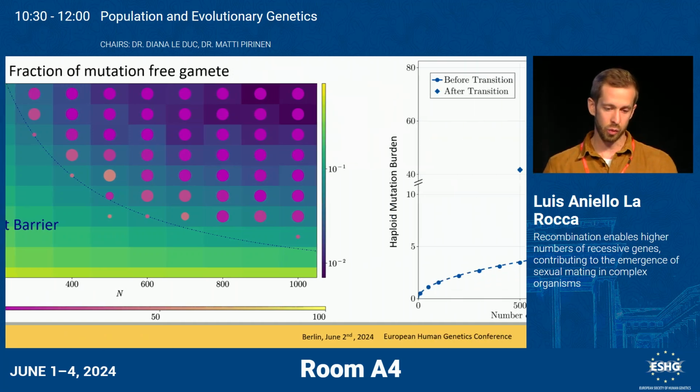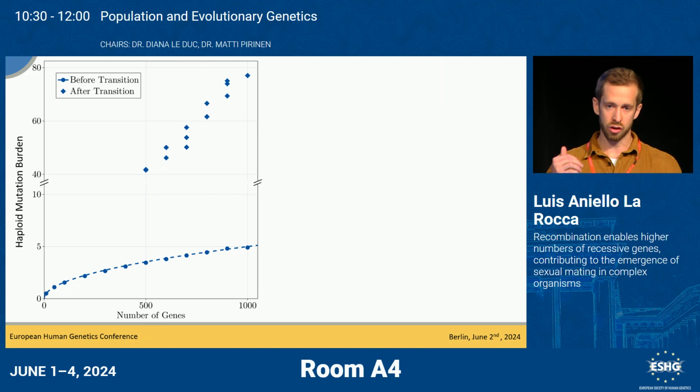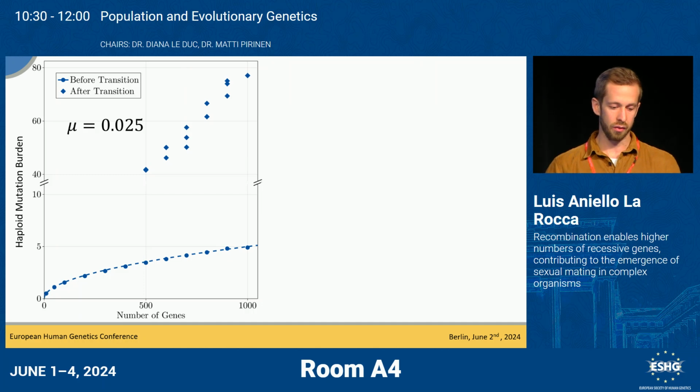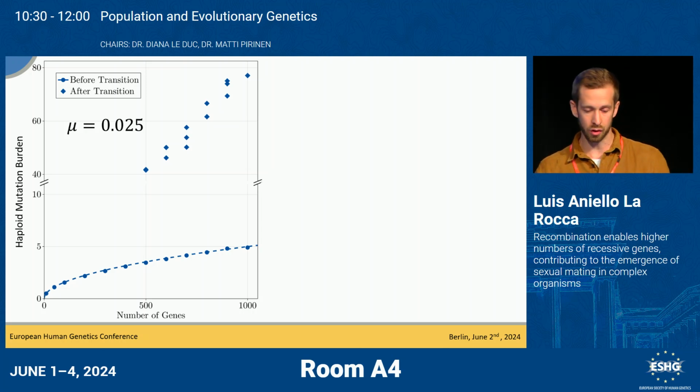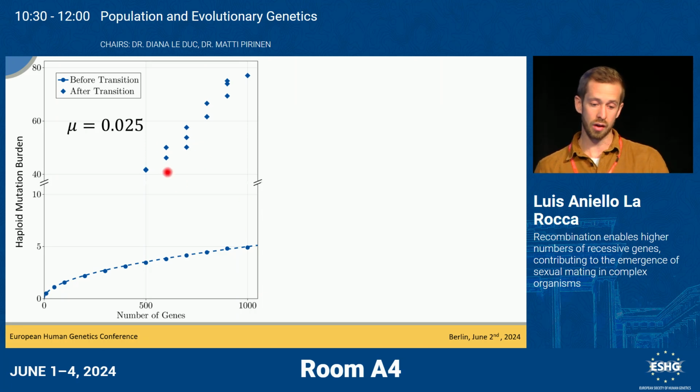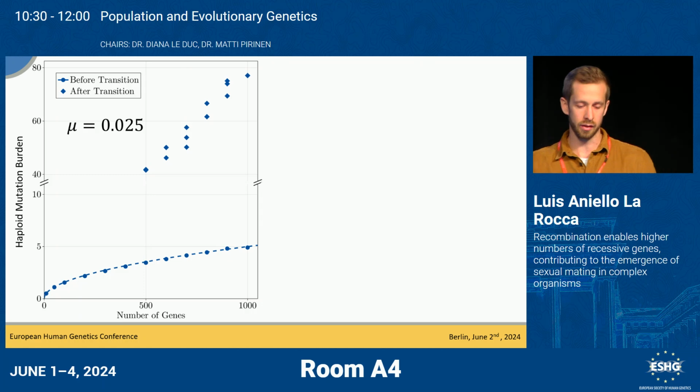To understand that, we go back to focus on just one mutation rate and look at the effect of the number of genes, so on the recessive gene count. And here we have the expectation of the haploid mutation burden, which we see increases like square root of n in equilibrium. And after the transition, so after the degeneration, of course, the mutation rate is elevated.